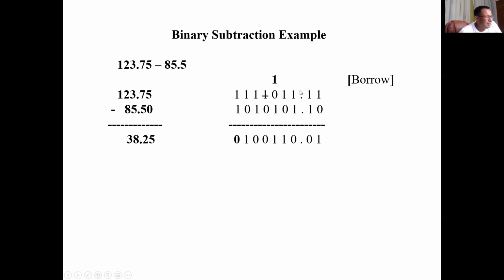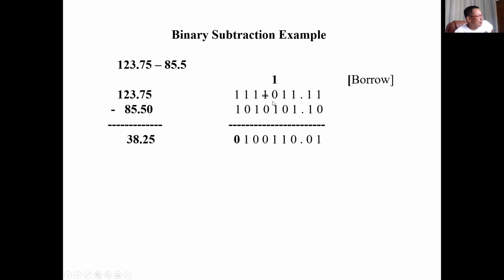So it's a little tricky, but it's very similar to the decimal subtraction that we are used to. Because the previous one that we borrowed in decimal is a 10. So in binary, the next one that we borrowed is not a 1, it's a 2. So we'll treat it as 2 minus 1 equals 1. Do you follow?